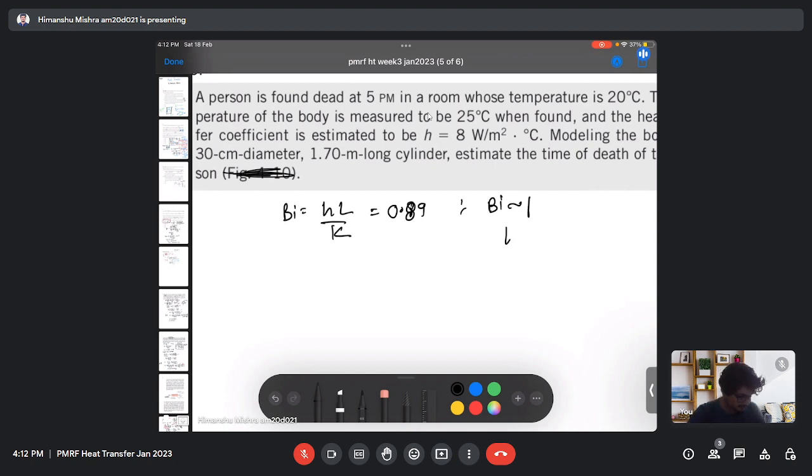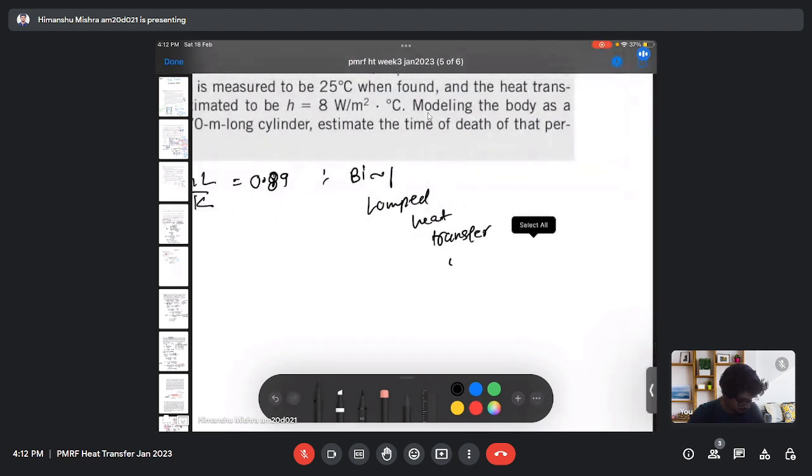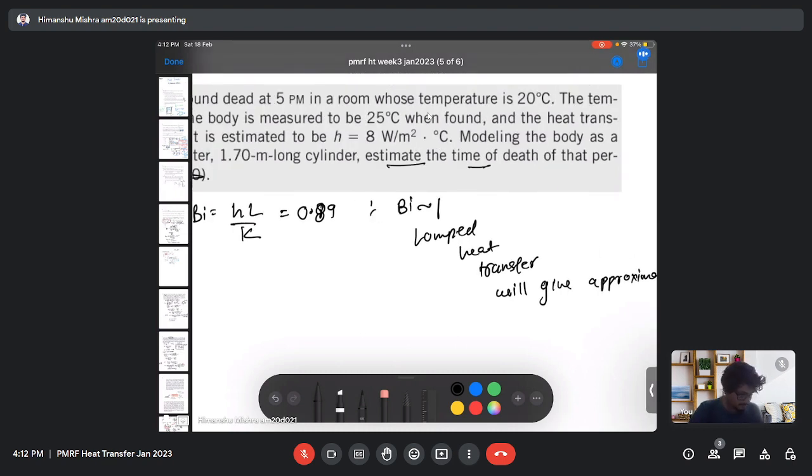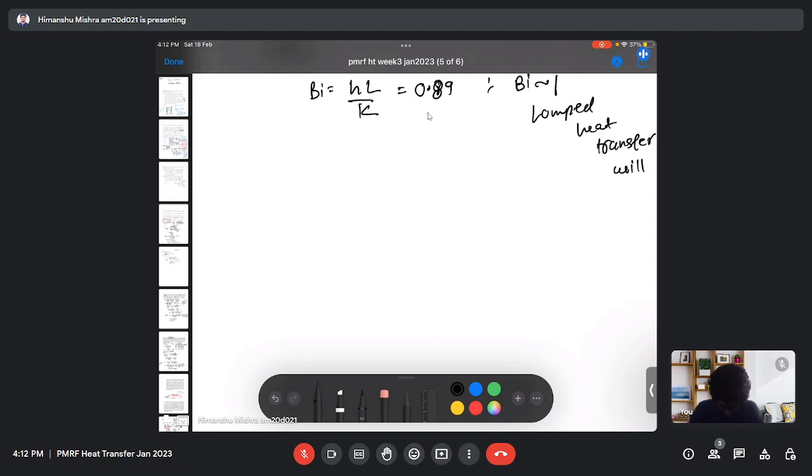So the lumped heat transfer process will give only an approximate result because it is close to 1. We can get the time of death, but that will be the approximate time of death, a more probabilistic time of death. So let's use the lumped heat transfer process.